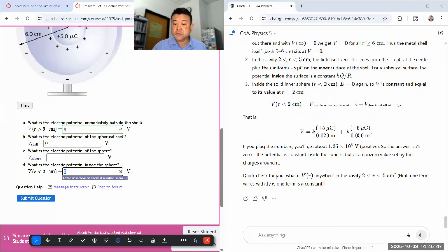It's not just going to be V over R, like a 1 over R thing. You have to adjust for the shell being at 0 volts. So let me put this in.